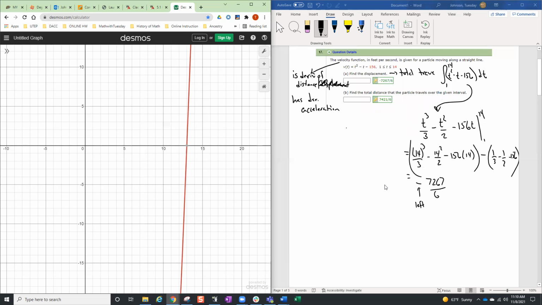Let me make that blue and find my pen. Total distance accounts for negative areas by examining the graph.